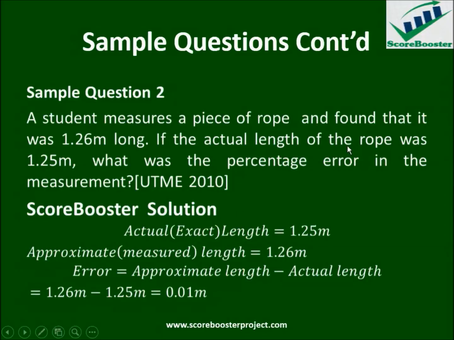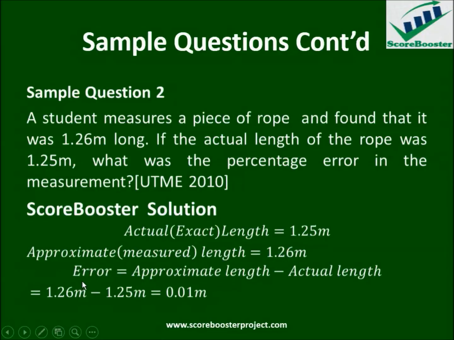The actual length was even stated here to make it easier, and that confirms that 1.26 meters is the approximate value, because it was a measurement taken relative to a continuous scale length.